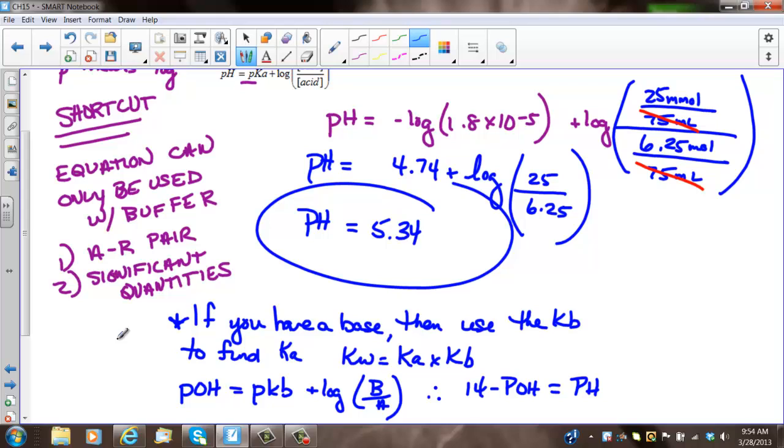There's a myriad of ways to do this problem. It's whatever works for you. Some students just like keeping the one formula, pH equals pKa plus the log of the base over the acid, and then they just find the Ka using the Kb. I can't tell you what works. You have to find what's your path of least resistance.